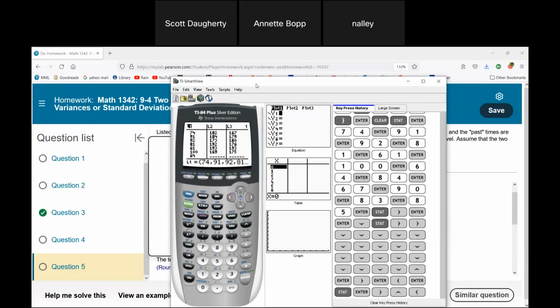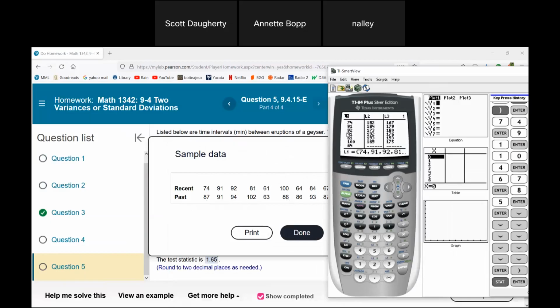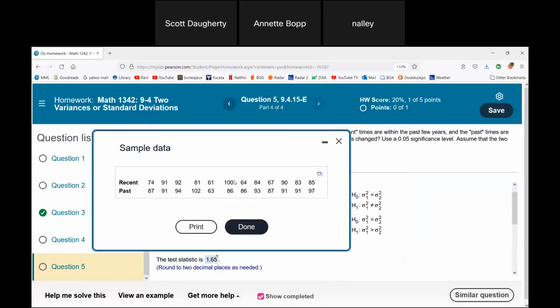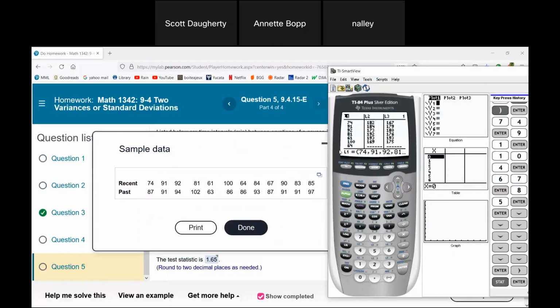Yeah, I'm going to do it without the F test, okay? Because I want to show you something. If you're going to use the F test, you put one of them into L1 and the other into L2, and then go to the F test and just pick L1 and L2. But I can't do one variable statistics from the L2 column. So I'm going to clear this out, and then I'm going to put this into L1 instead of L2.